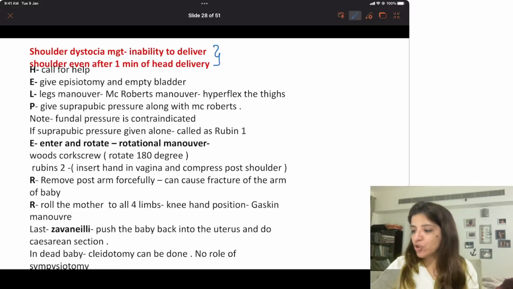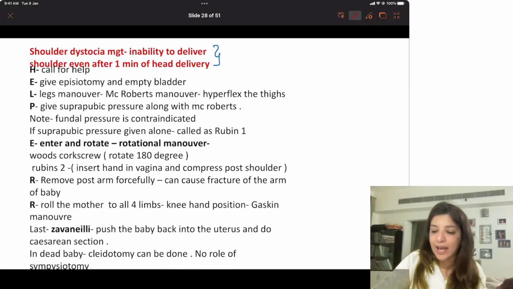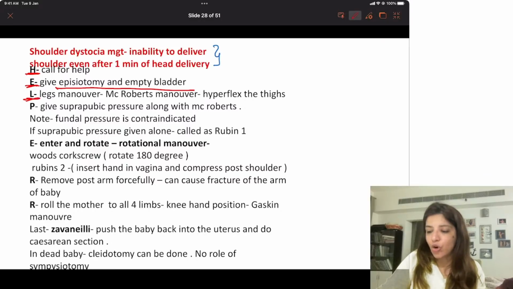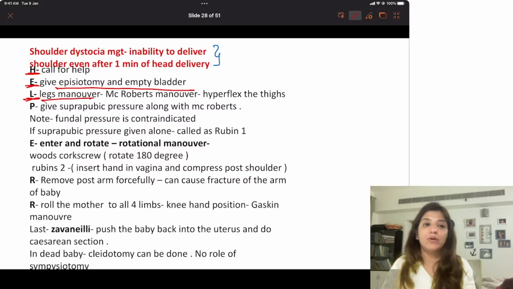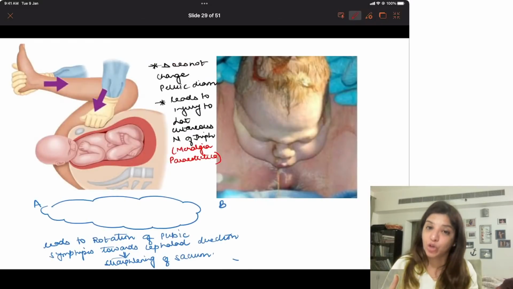Whenever you have shoulder dystocia, you have to follow this stepwise management, which can be memorized by the acronym HELPER, where H stands for call for help, E stands for episiotomy and emptying the bladder of the patient. L stands for the leg maneuver. What is the leg maneuver? That is McRoberts maneuver, where you hyperflex the thighs against the abdomen.